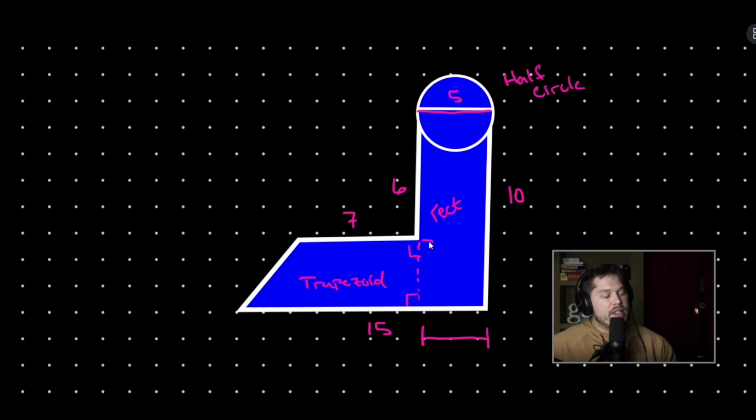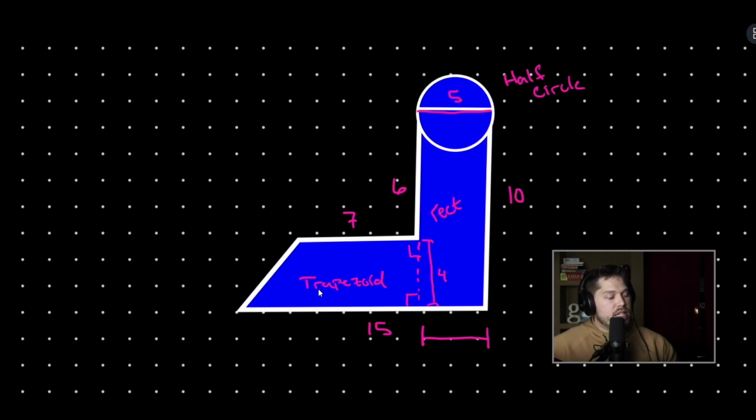What about this height? Well, this height must be 4, because if this is 6 and the full distance is 10, then this height is 4. So now we have enough info to find the area of this trapezoid.